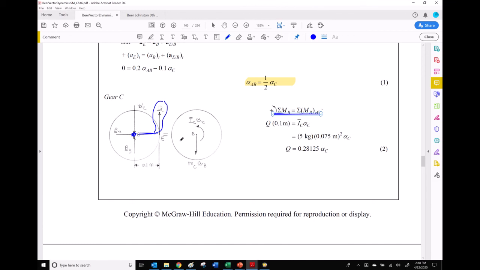And we might note that the angular acceleration is coming along this direction right here, but we're taking it about B, so nothing needs to happen with this mass times acceleration because we're taking it about B. And so we're able to get a relationship between the force and the angular acceleration alpha c. So we have two equations, but we still have three unknowns: QC, alpha c, and alpha AB.